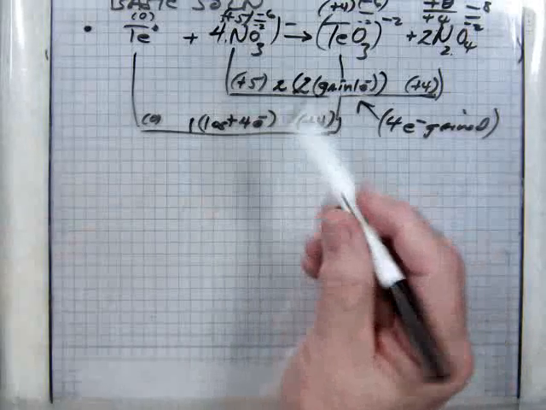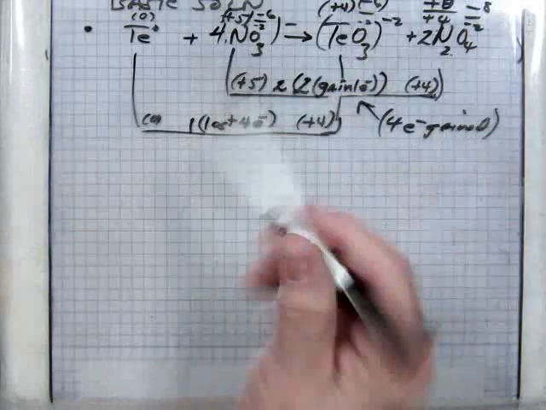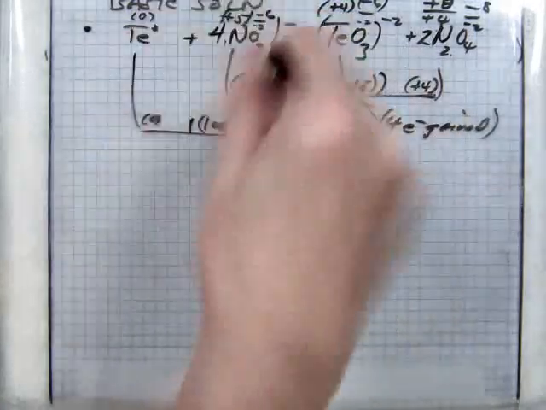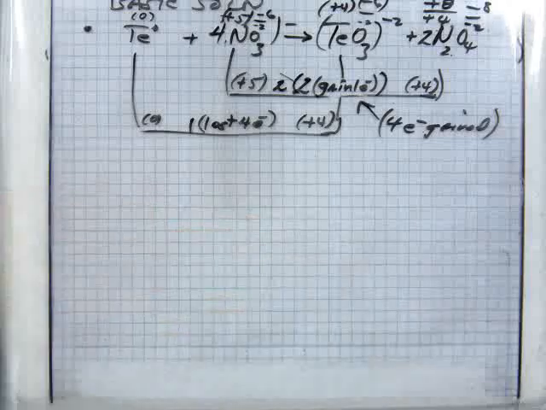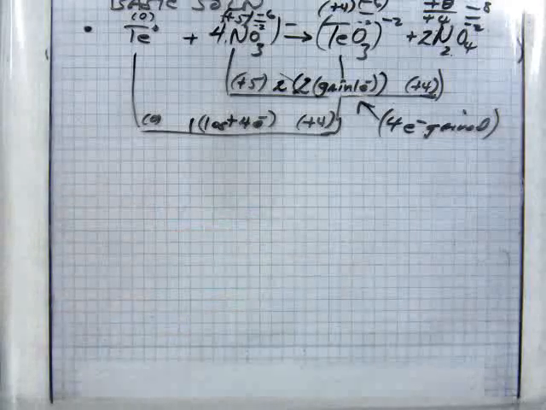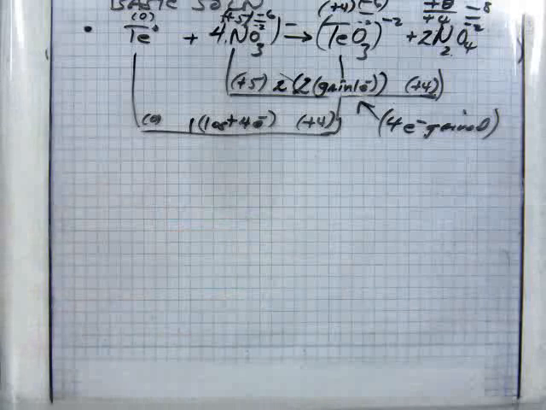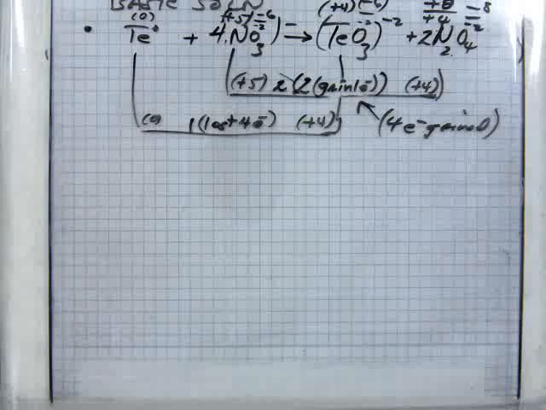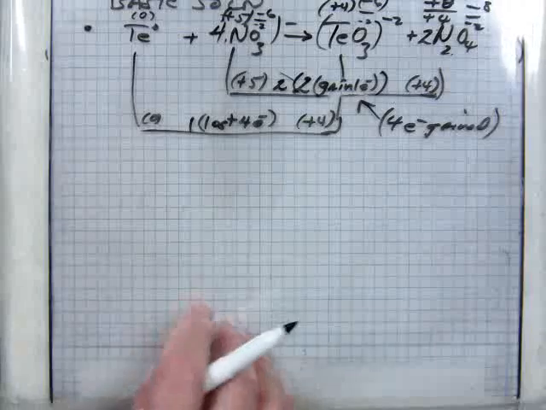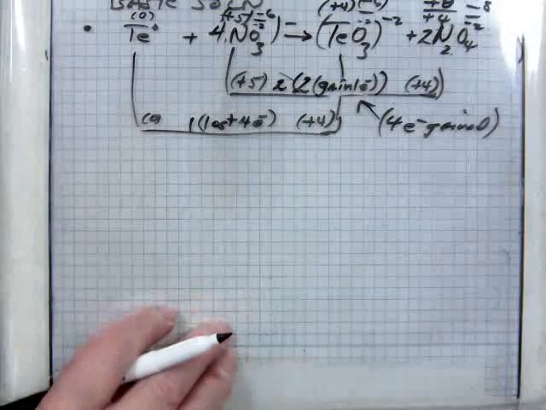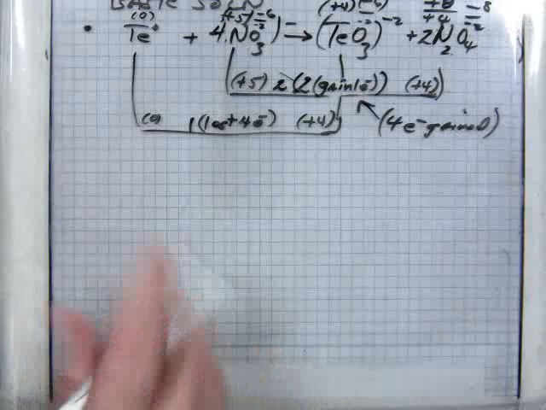So now we need to balance the oxygens in here, and what does it say? To the side needing oxygens, you add 2 hydroxides for every oxygen needed to the side needing oxygen, and the other side half as much water. Okay. And then you turn around and reverse that in the hydrogen addition.